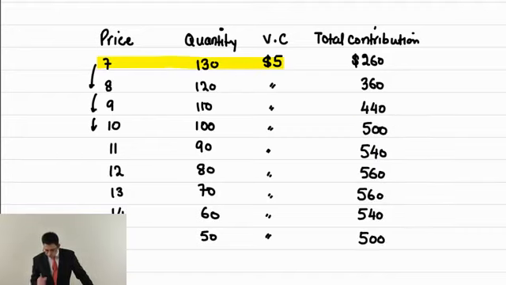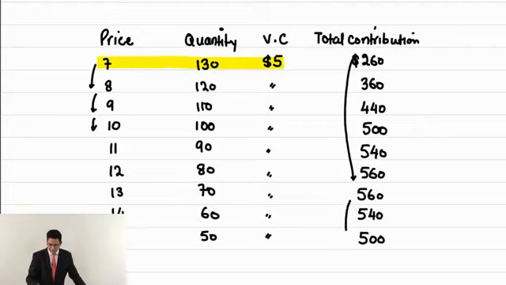Oh, did you notice something? That up to a certain level, the contribution or profit was increasing. And then when the price and quantity reached a certain range or combination, the profit or contribution started falling. Okay, it was increasing up to here and then started falling.